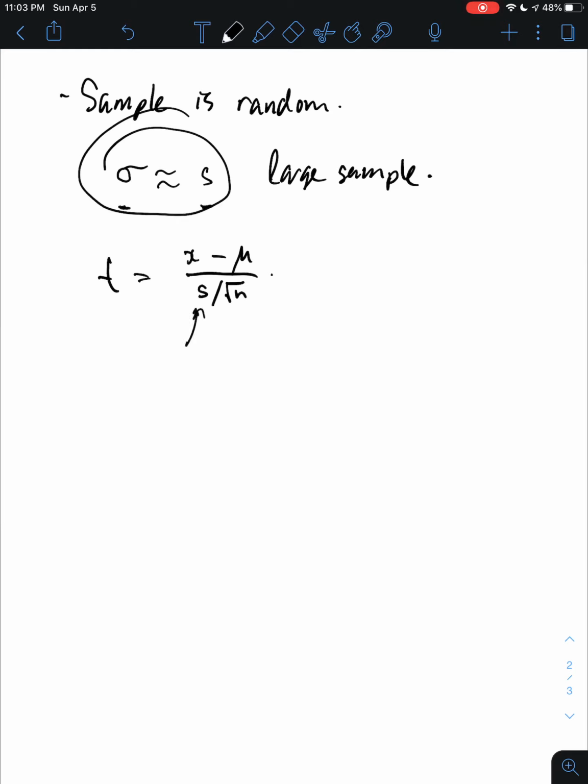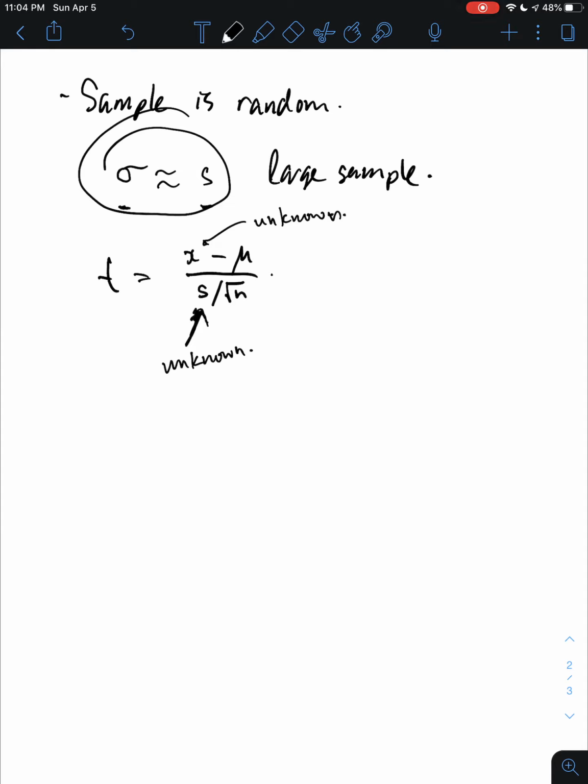S is unknown and X is unknown, so there's more that's unknown about this situation than there was in the large sample case, where S was an approximation for sigma.